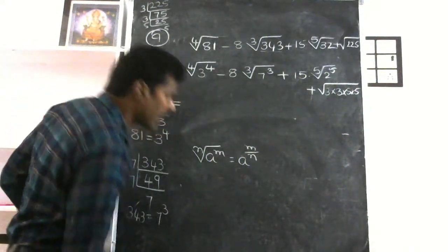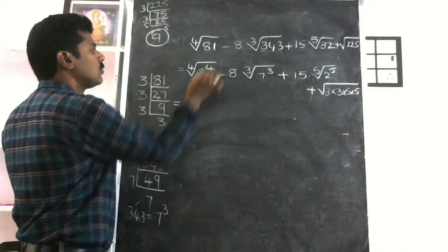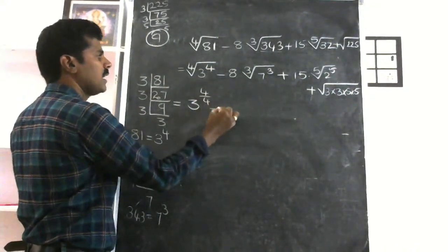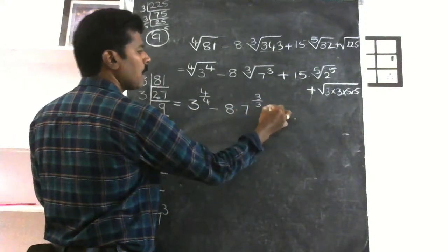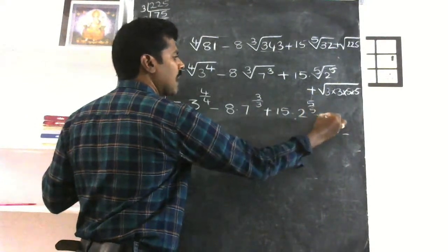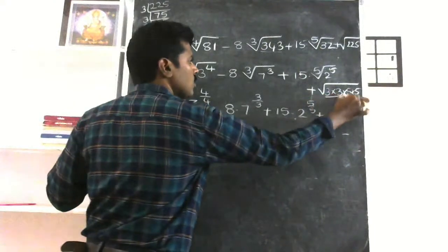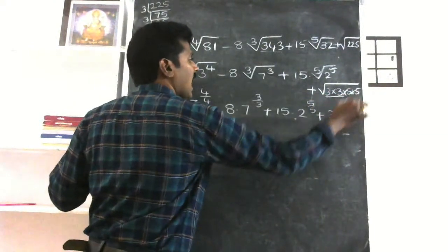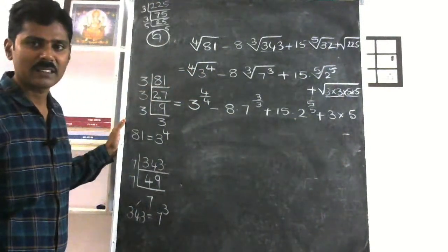By applying that, I will get 3 to the power of 4 by 4, minus 8 into 7 power 3 by 3, plus 15 into 2 power 5 by 5, and plus the square root which we have done previously. From 2 3s I get one 3, and from the 5s one 5, so we won't get the square root again.